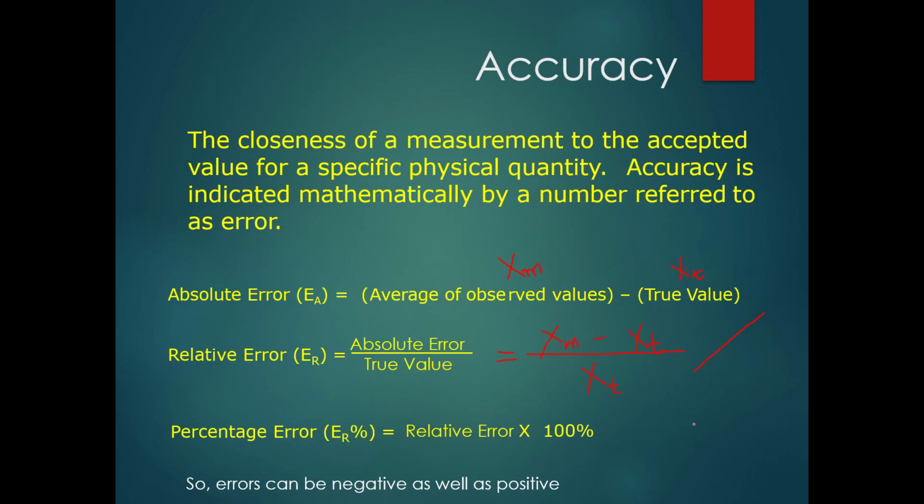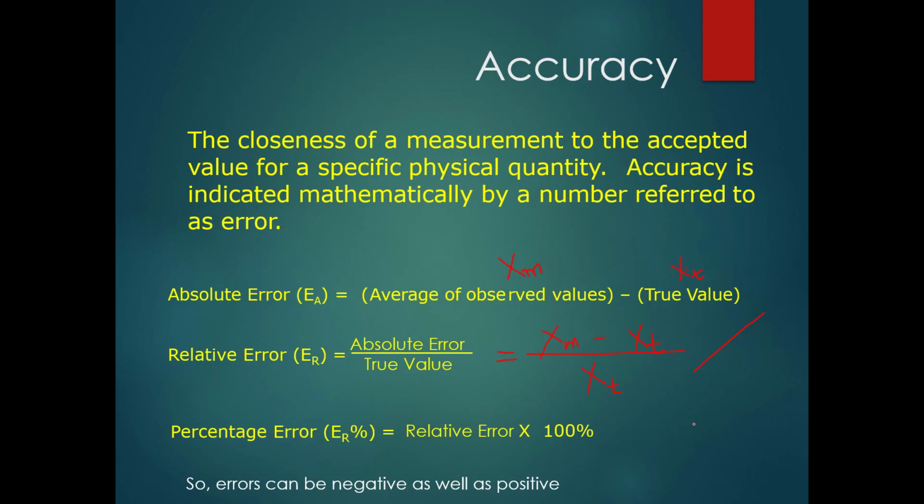Whenever you read any chapter, later on in your syllabus you will study many indicating instruments, many measuring instruments, but in all those cases accuracy will be represented by relative error, and the formula of accuracy will be this particular formula, xm minus xt upon xt. Okay, then you have percentage error.